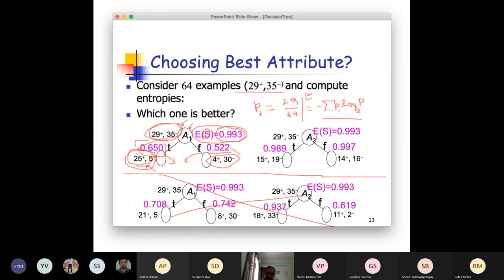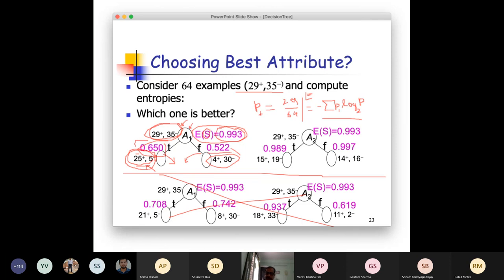Since this question has come up, please go through the text of probability theory and information theory. Then you will understand the definition of entropy. Entropy low means there is order; the randomness is less. That means you will get more uniform labels in the training examples, so it is easier to predict.